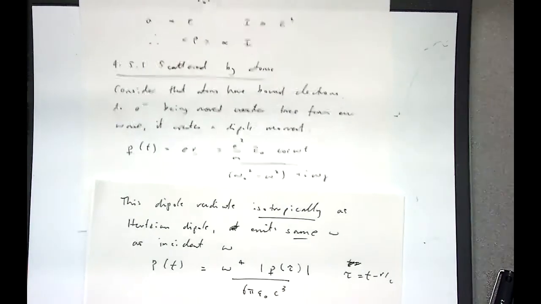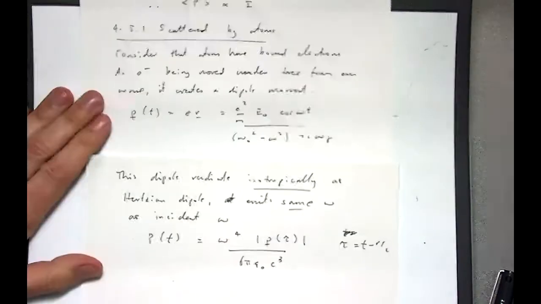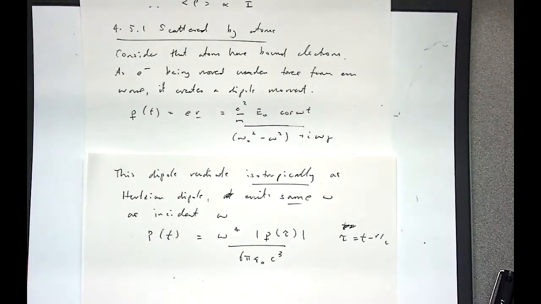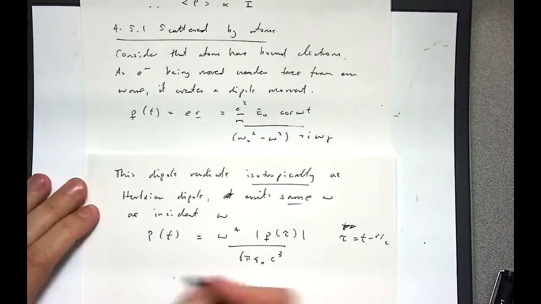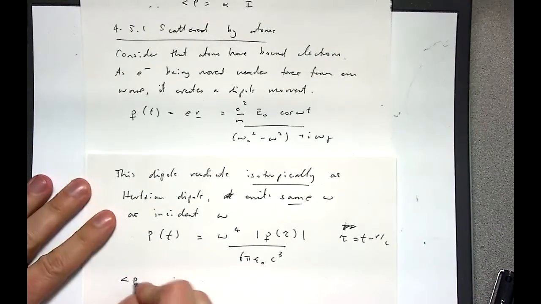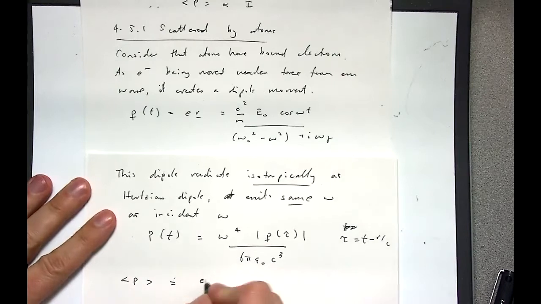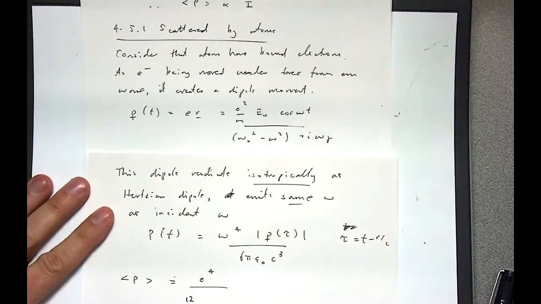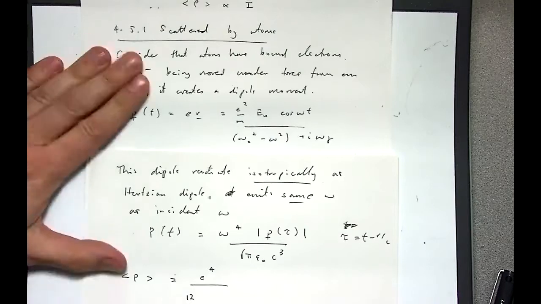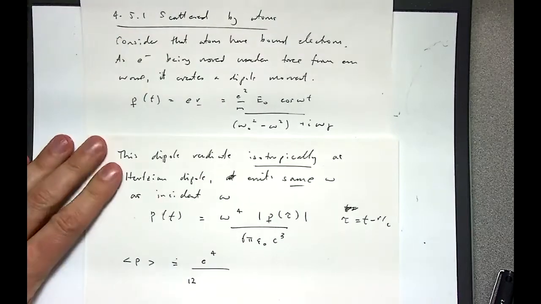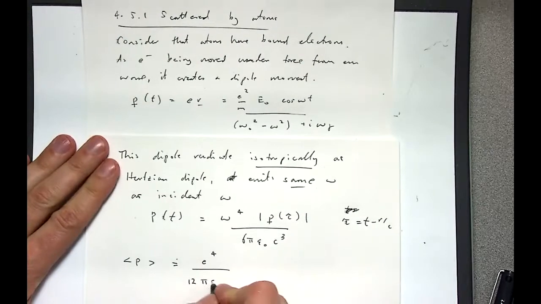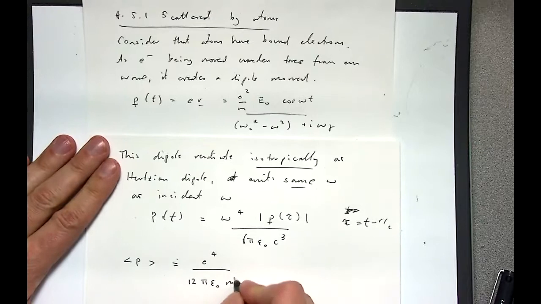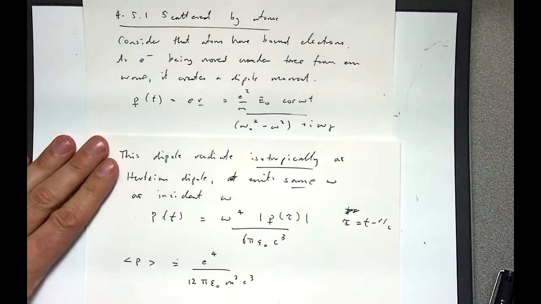Now, of course, I can just take those two equations, one for the dipole moment and one for the power for a given dipole moment, and I average out. So when I average out, I get charge to the 4th, I get a factor 2 in the denominator from the averaging over time, and I just need to make sure I keep track of all those various constants, epsilon 0, m squared, and c.